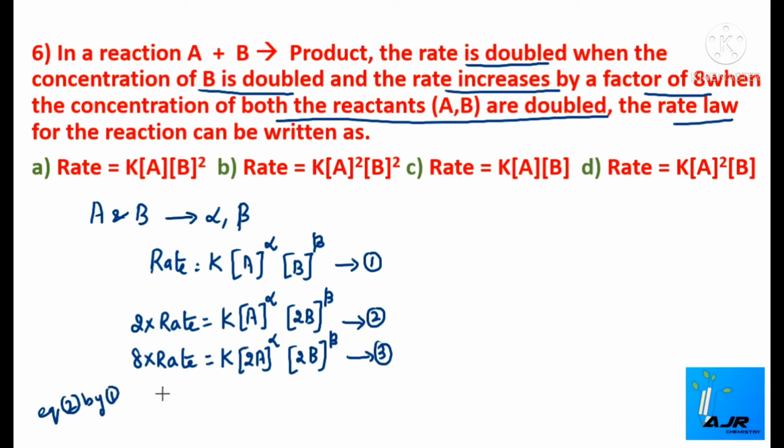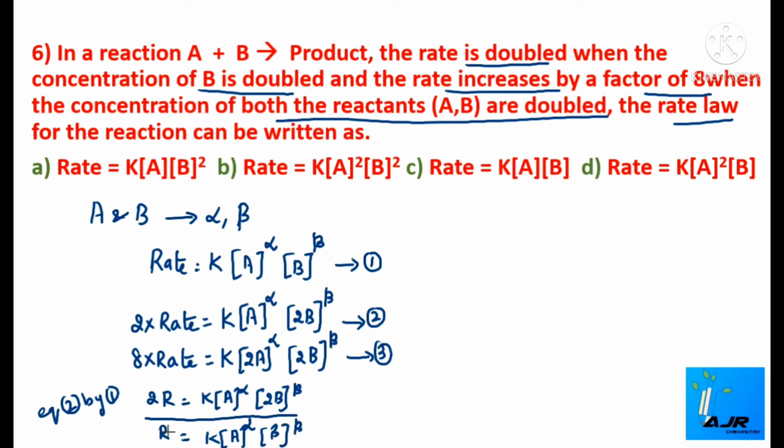So what is equation 2? 2R is equal to K into A alpha into 2 into B beta. What is the first equation? It's simple: R is equal to K A to the power alpha B to the power beta.